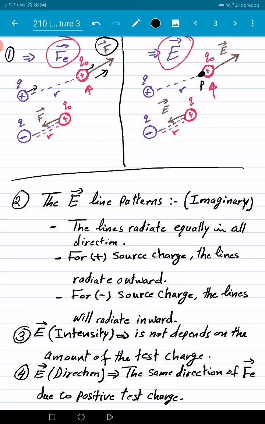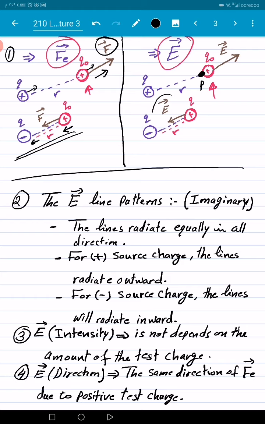So the resulting force is outward. If it's negative, then it is inward, because the positive charge is in and also the negative charge is in, so the force is inward.